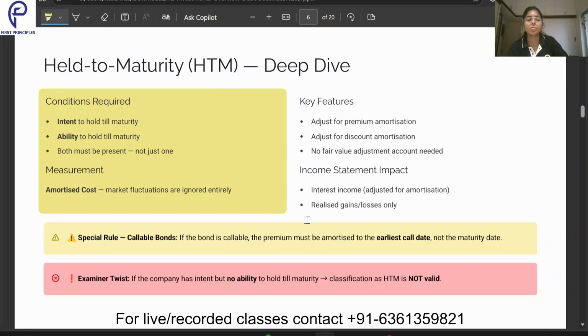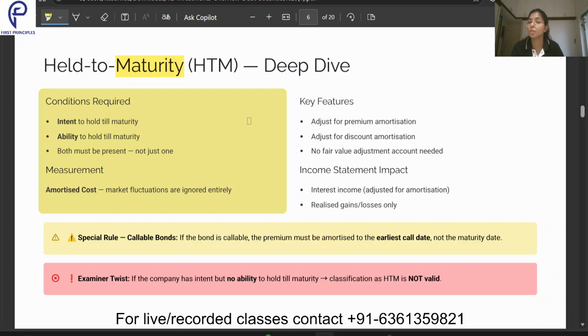Now coming to held to maturity. As the name says, unless and until the security matures, that means it comes to an end, we are going to get the value of the security back. Say I have issued a debt security, a bond.